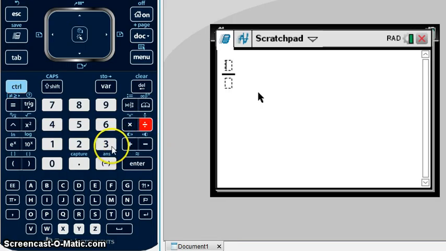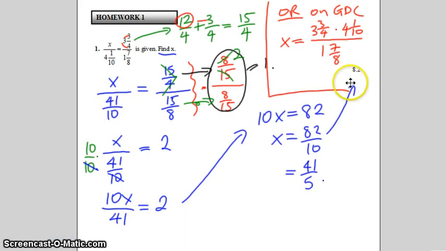To handle these mixed numbers, we're going to use a bracket and include the whole number plus the fraction. So control and division again for this 3 3/4. Oops. Use the down arrow to get to the denominator. 3 3/4 here. So let's go back and see, so that's just this part here, 3 3/4.